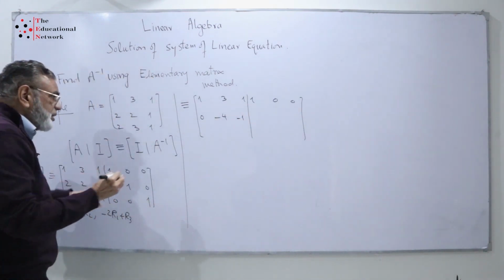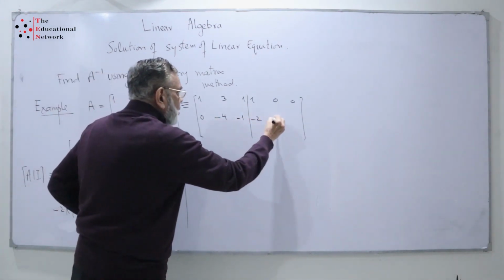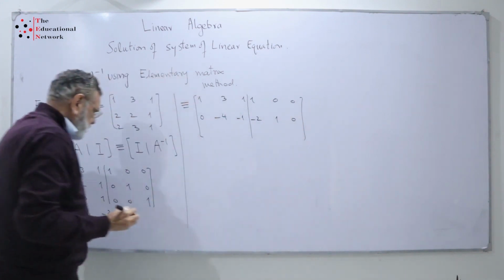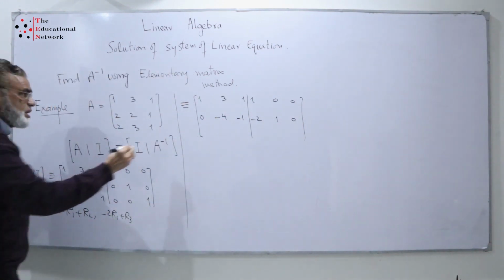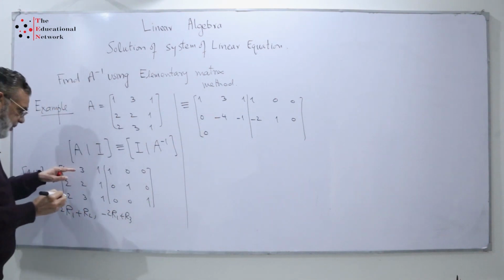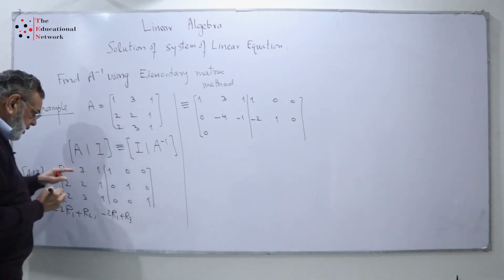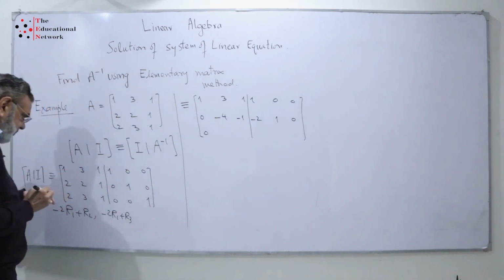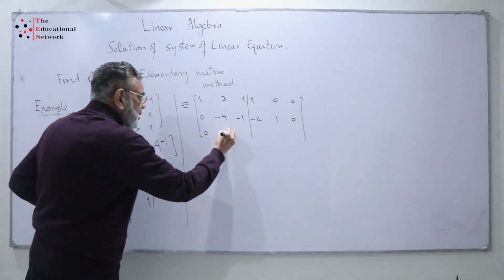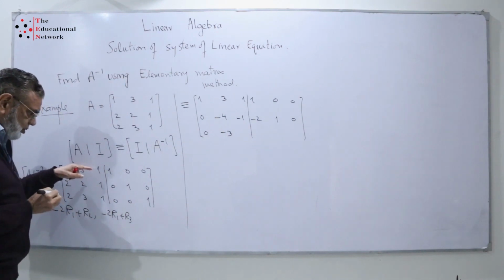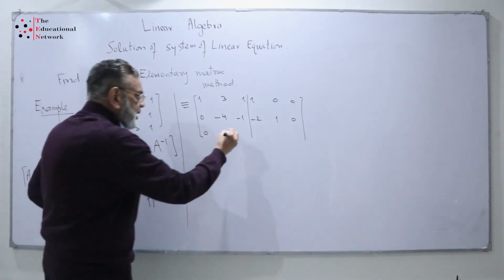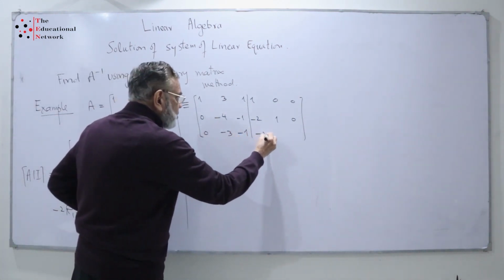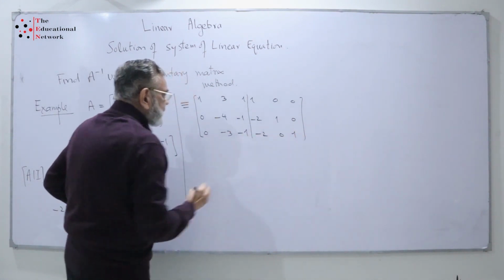Then multiplying by minus 2, we get here minus 2, 1, and 0. Then multiply minus 2 and add to this one, we get here 0. Minus 6 plus 3 will be minus 3. Then multiply by minus 2 and add to this one, we get here minus 1. Then we get here minus 2, 0, and 1.